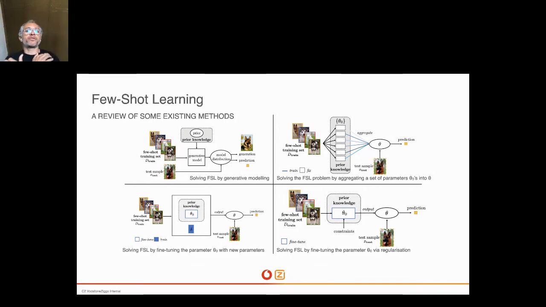So here we have a short review of some of the existing methods for few-shot learning. They go from solving by generative modeling. For instance, here you have a generative adversarial neural network that has a few-shot data set, just some images.